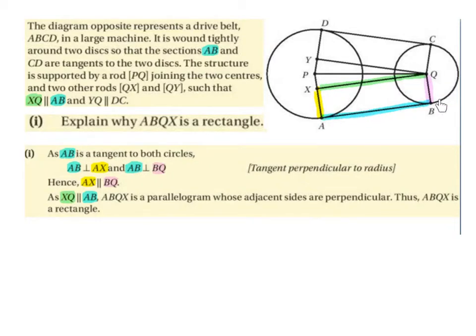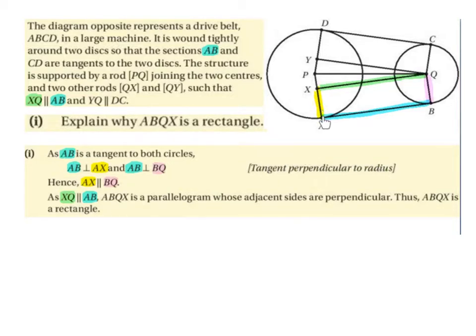They meet at right angles, 90-degree angles. And AB is perpendicular to BQ. Again, they meet at right angles, 90-degree angles. And that is because a tangent is always perpendicular to a radius.